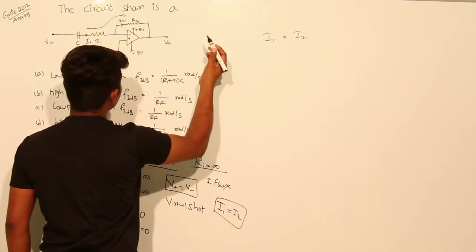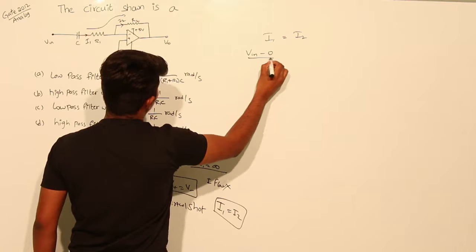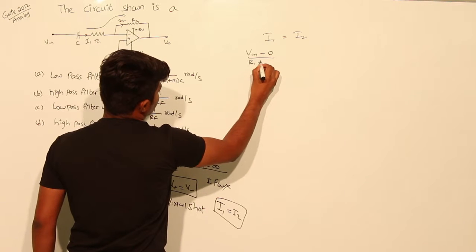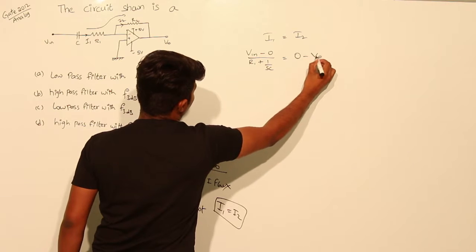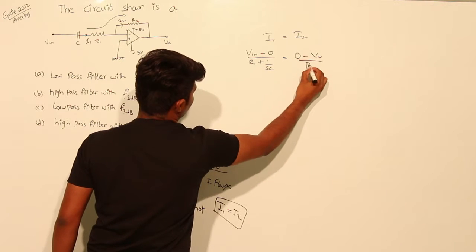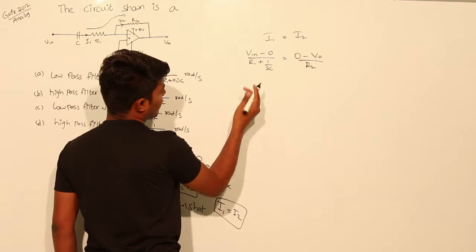From this we can write (Vin minus 0) by (R1 plus 1 by SC) is equal to (0 minus V0) by the resistance R2. Simplify such that we get V0 by Vin.